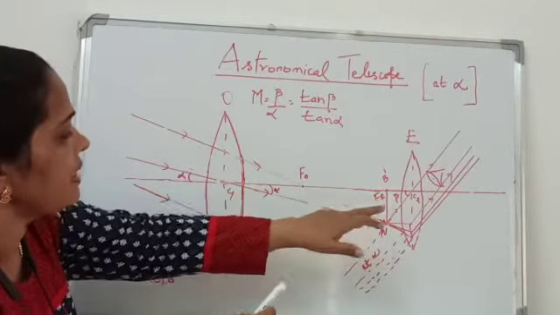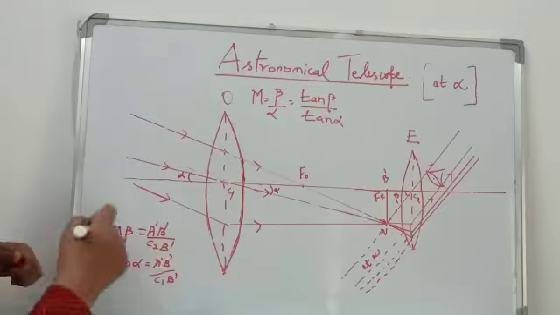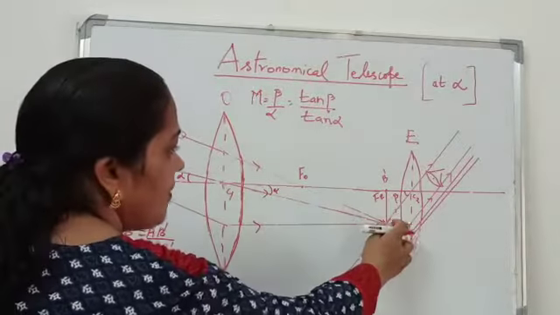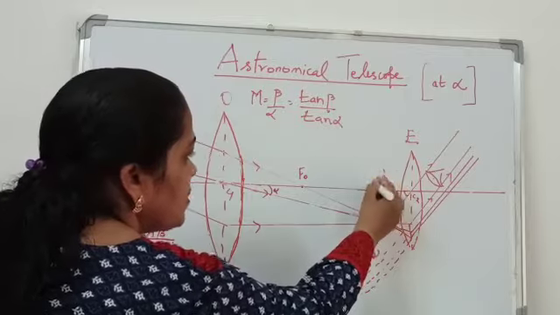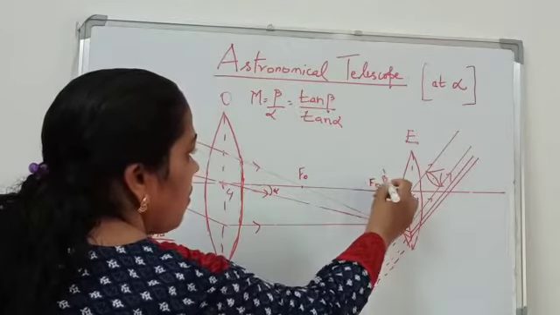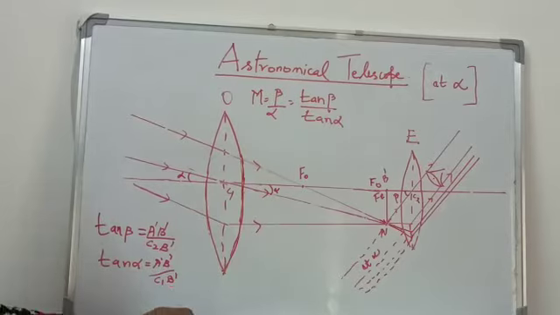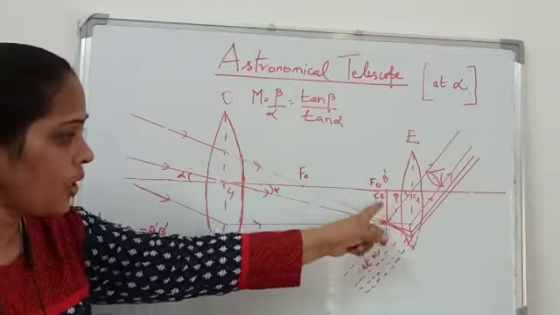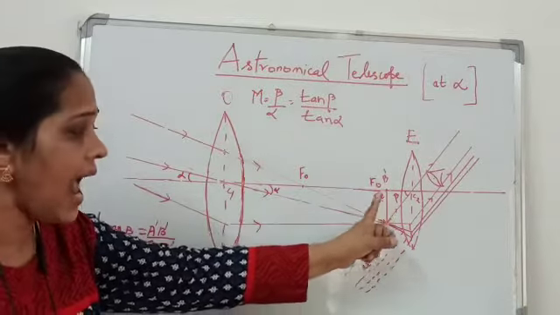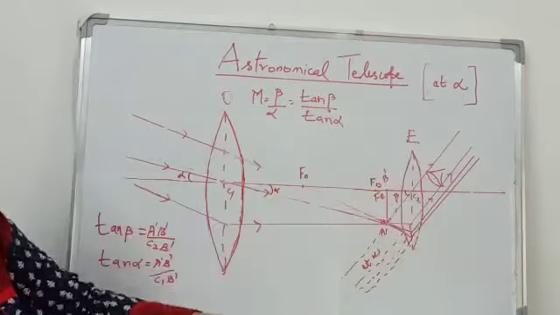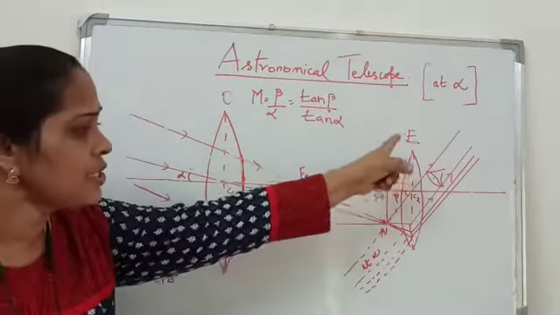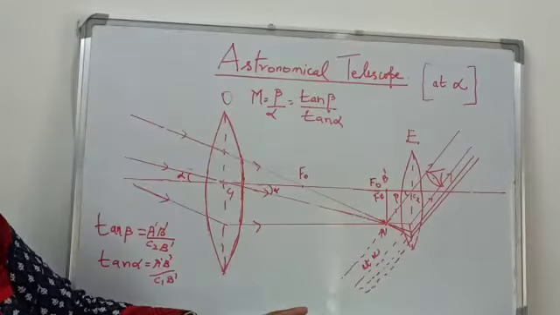It is formed at the focus of this lens, so this position is FO for this objective lens. Now we know that this image that is formed acts as the object for the eye lens. The eye lens is of short focal length and aperture.